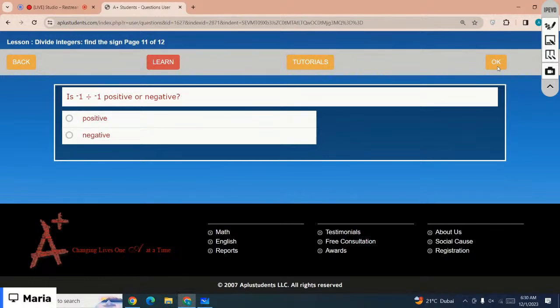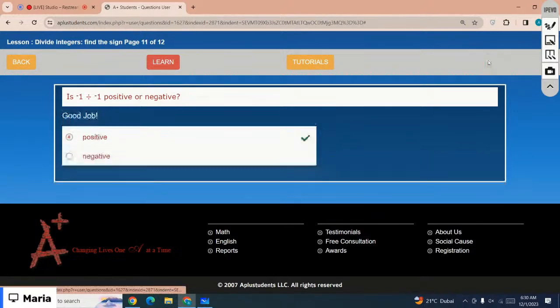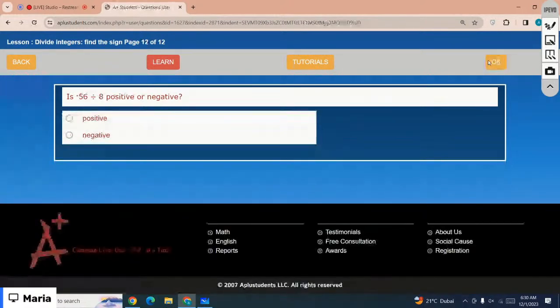Negative 1 divided by negative 1. Yes, it is positive because both the numbers have the same sign, so the answer must be positive. Very good. Is negative 56 divided by 8 positive or negative?